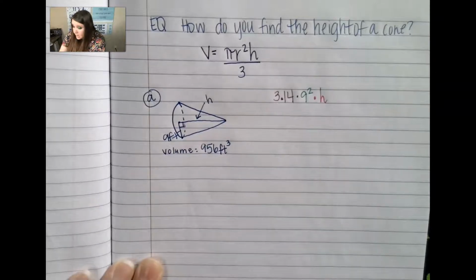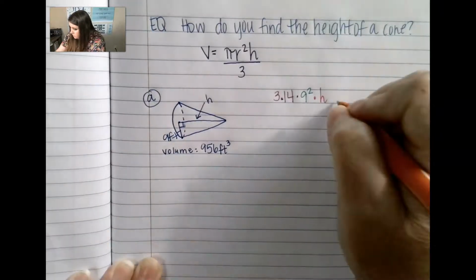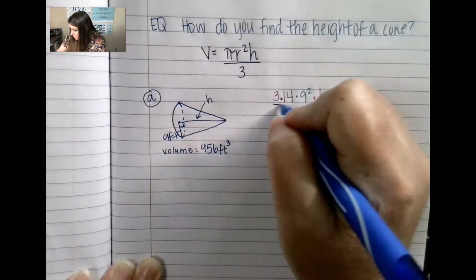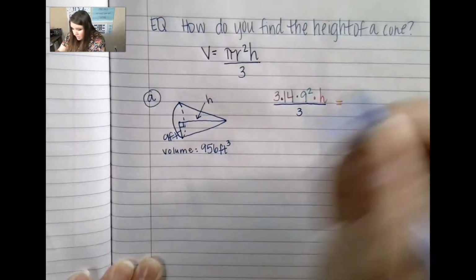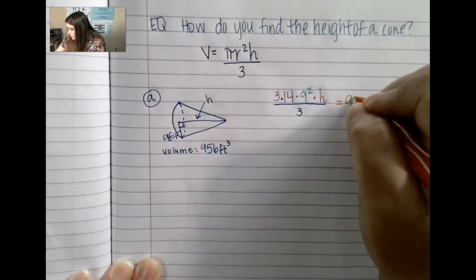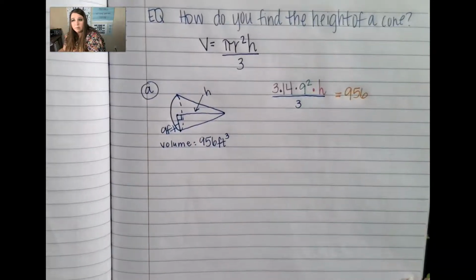Again, we're going to divide these numbers by 3. And last, we know that the volume is 956.